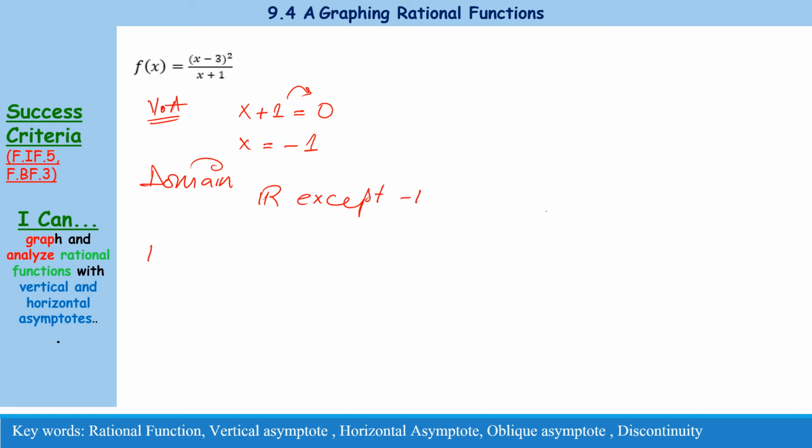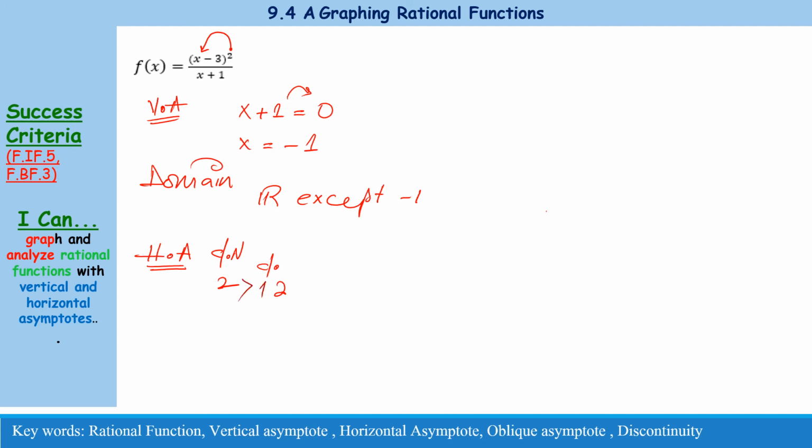After that, you have the horizontal asymptote, and just now I told you that x minus 3 whole squared means that this power is on x also. So the highest power, the degree of the numerator, is 2, and the degree of the denominator is only 1.